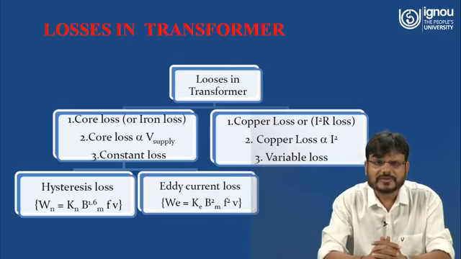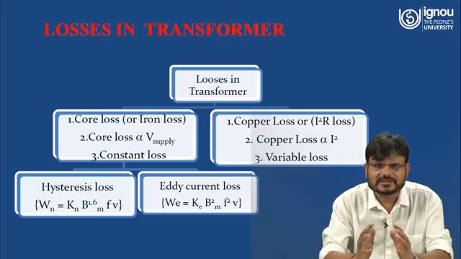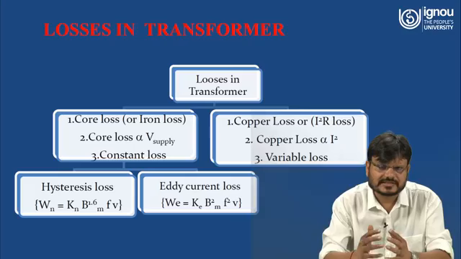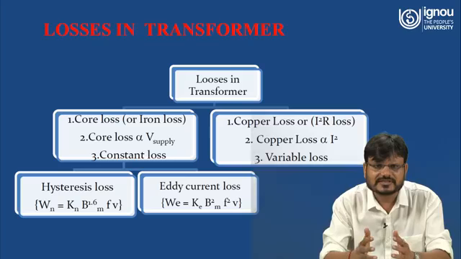First of all, I am going to discuss losses in the transformer. Losses can be classified as core losses, which are also called iron losses, and copper losses, or I square R losses. Core losses can be classified as hysteresis losses and eddy current losses.